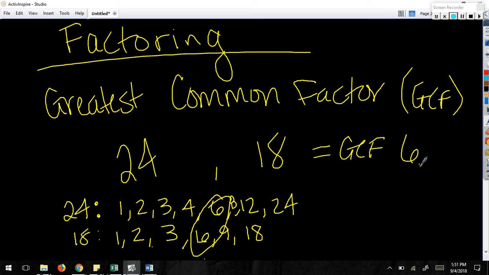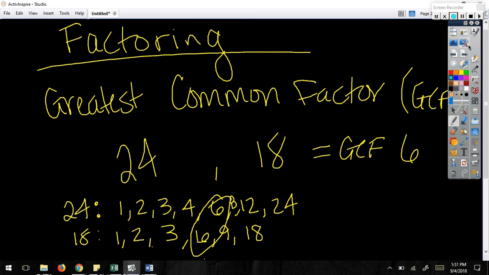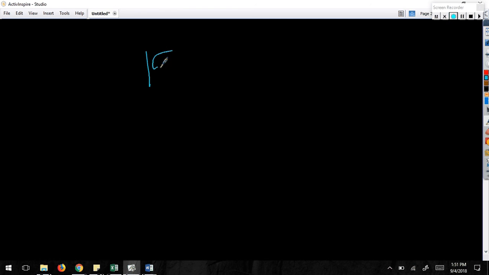You have to be able to find that GCF from any number. But we're going to throw some variables in there too, since this is algebra. Let's say I had 15x squared and 20x.